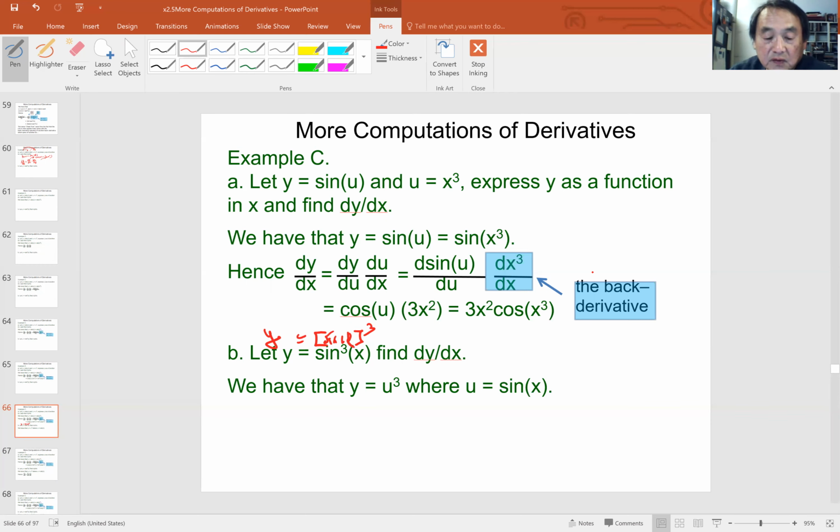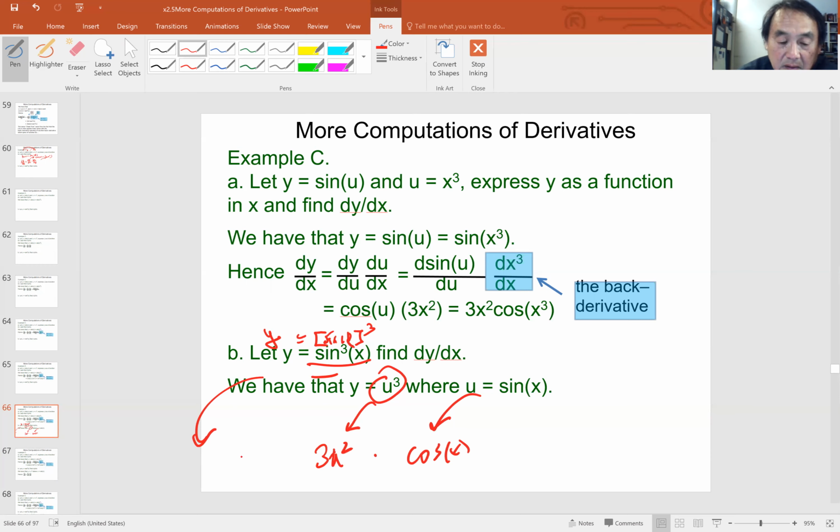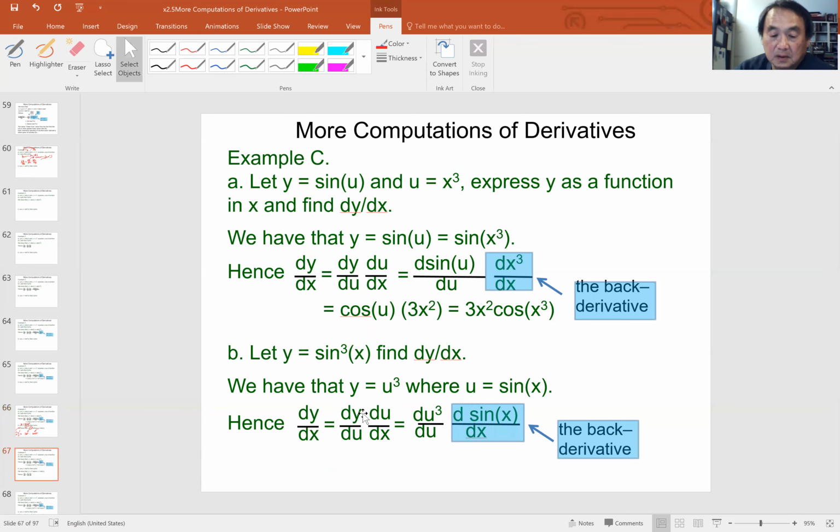So with the chain rule, the derivative of sine x cubed is going to be the derivative of u to the third power, which is 3u squared. Then I take the derivative of u, and the derivative of sine of x is cosine x. And that, of course, is going to be the derivative of sine cubed of x. Okay, it's a product of these two things.